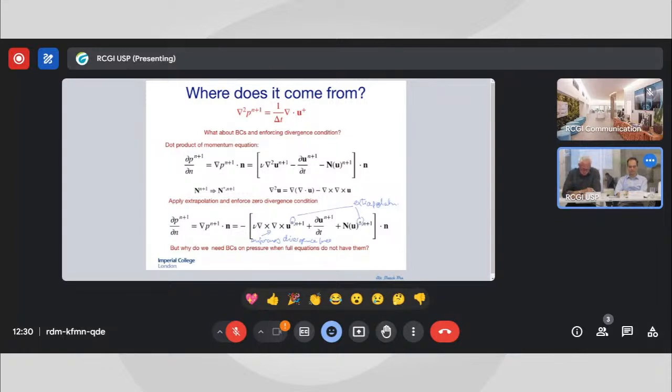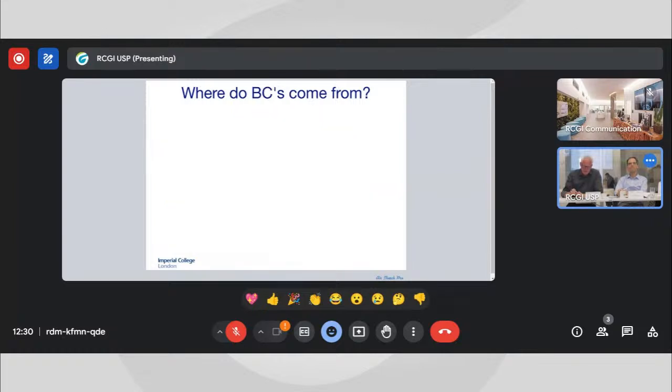Okay. Now, my theme, though, is what confused me for ages, what confused a lot of people in that missing 12 years, is why have we got boundary conditions for something we never needed boundary conditions for? I've kind of taken the Navier-Stokes equation, discretized it, taken the same Navier-Stokes equation and derived the pressure boundary conditions from it, and somehow that's okay. It turns out to be okay, but it seems a bit of a strange thing to do to repeatedly use it in this manner.